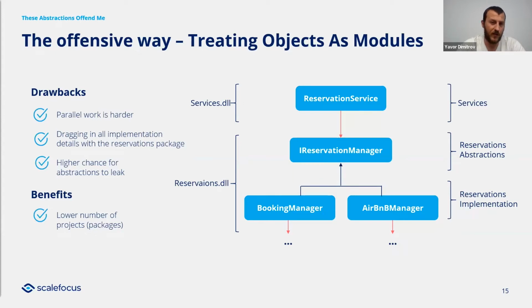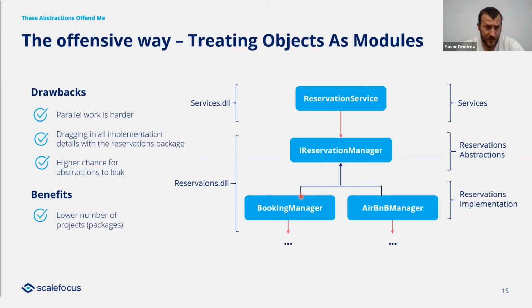So you can see that logically we can still treat it that way. We have our high-level module, which is services. We have a low-level module, which is the implementation of those different reservations. And we have our abstractions, which are our interfaces and other data contracts. What this creates is logically 3 separate concepts, but physically they are stored in just 2 packages. So your abstractions are contained within your lower level module.